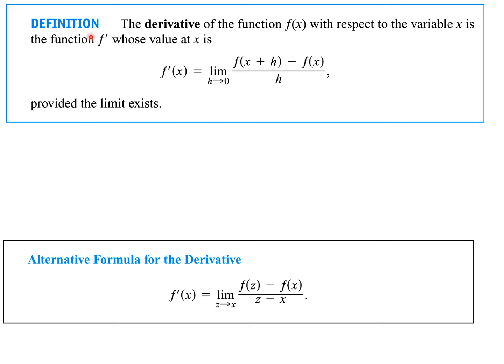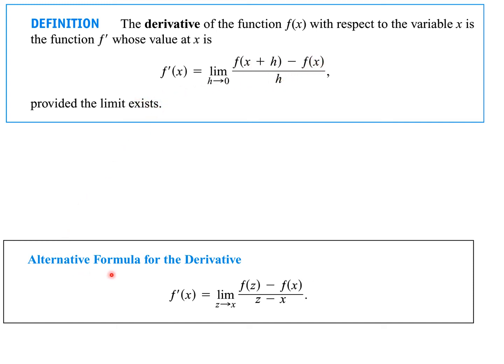Definition: the derivative of the function f of x with respect to the variable x is the function f prime whose value at x is f prime of x equals the limit as h goes to 0 of f of x plus h minus f of x, divided by h, provided the limit exists.